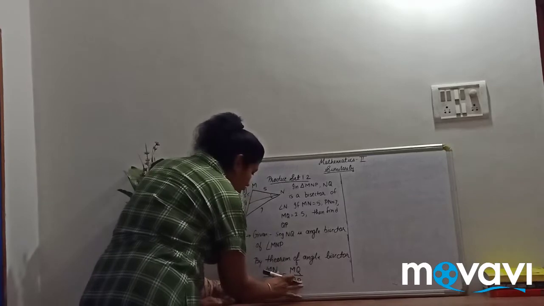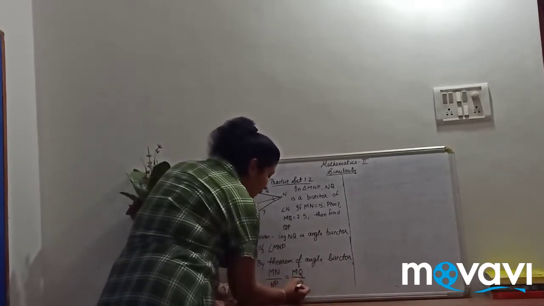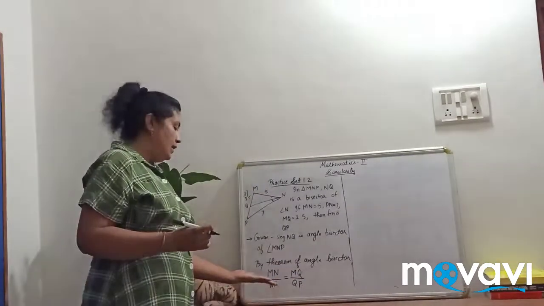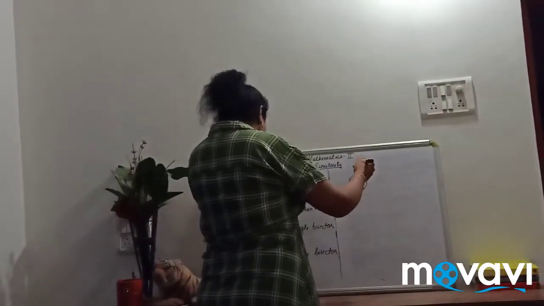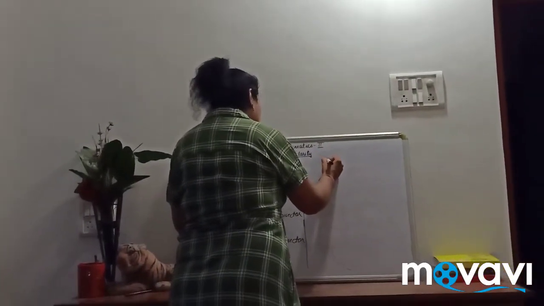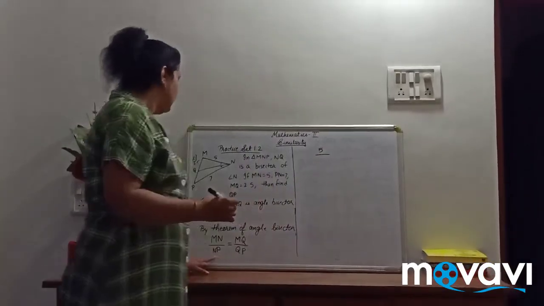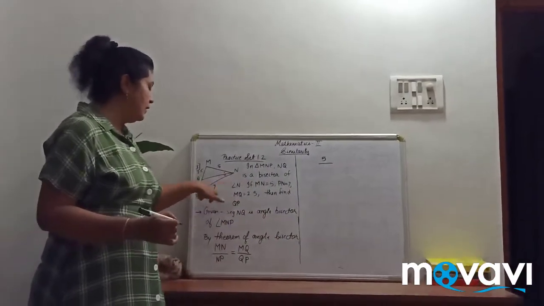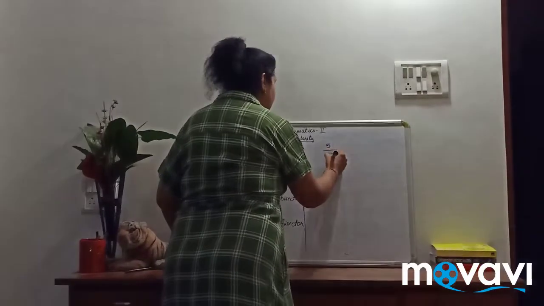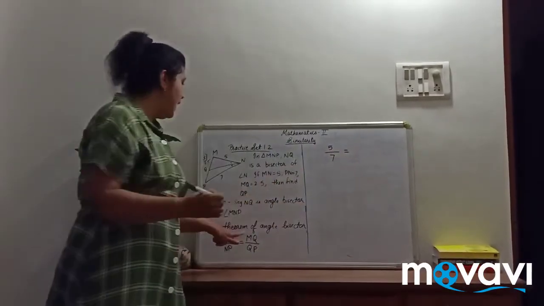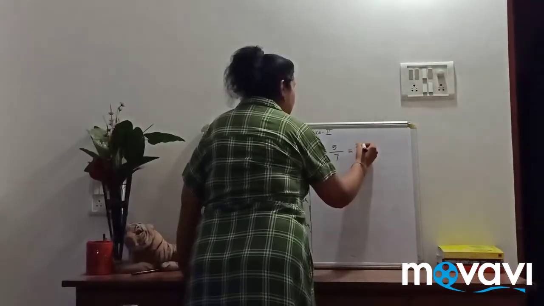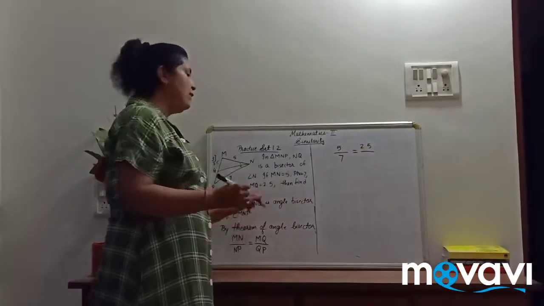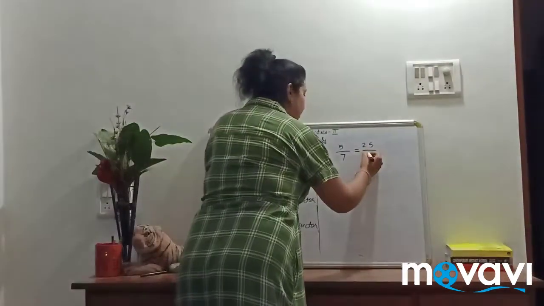So this is QP. Okay. Now let us substitute the values. MN is given as 5, NP or PN is 7, is equal to MQ is 2.5. You are supposed to find what? QP.